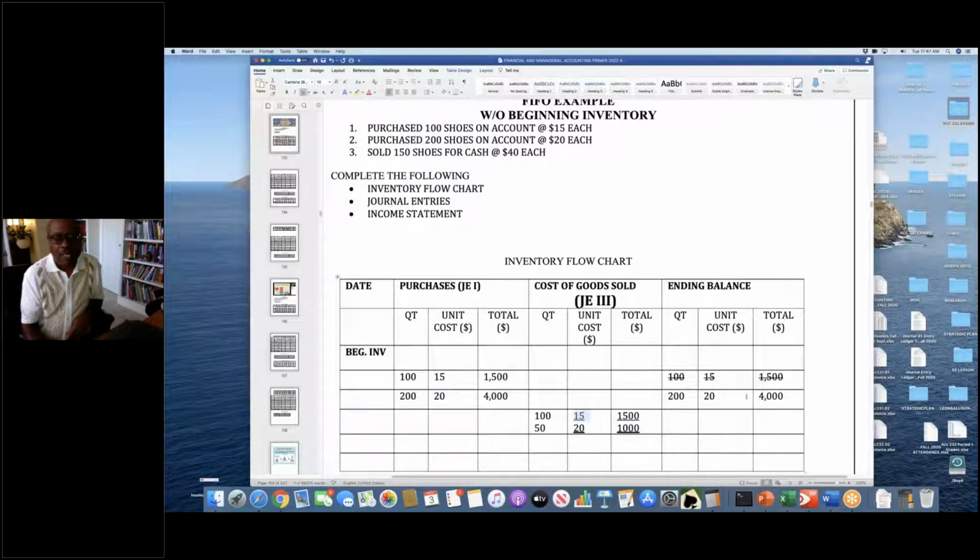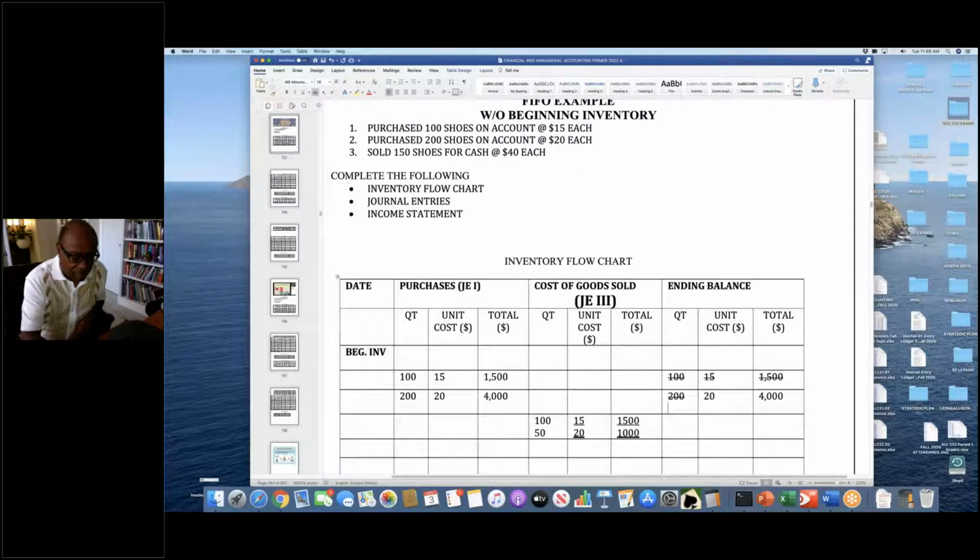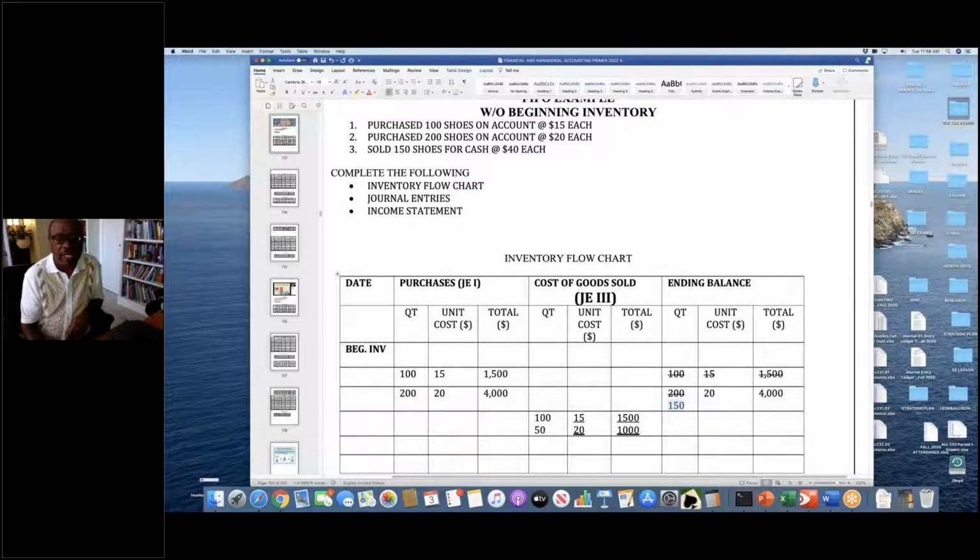Okay. So let's go up here now. We no longer have 200 pairs of shoes left, right? How many we got left? 150. All right, 150. Got 150 left.